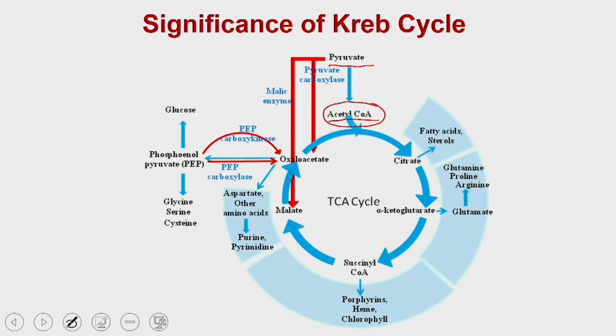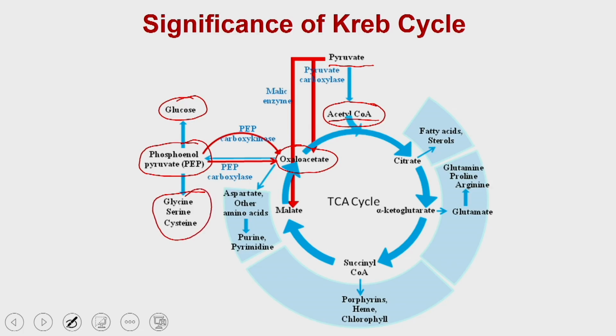And what you can see now is the oxaloacetate. Oxaloacetate is also channelized to phosphoenol pyruvate. The phosphoenol pyruvate can be converted back to glucose, and it can also be used to produce different types of amino acids.